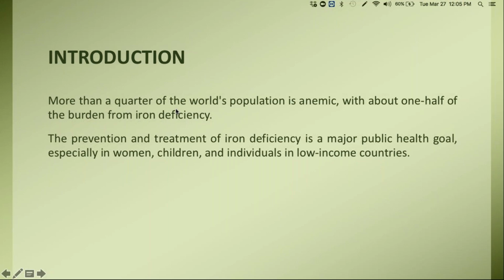Now, if you take that anemia, half of it will be caused by iron deficiency, the other half by other things, B12, B9, folate, this kind of stuff. So playing odds, there's an awful lot of people out there who are iron deficient. Okay, the prevention and treatment of iron deficiency is a major public health goal, especially in women, children, and low-income countries.